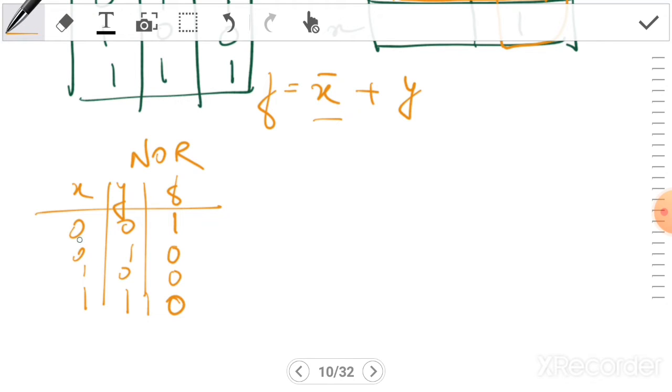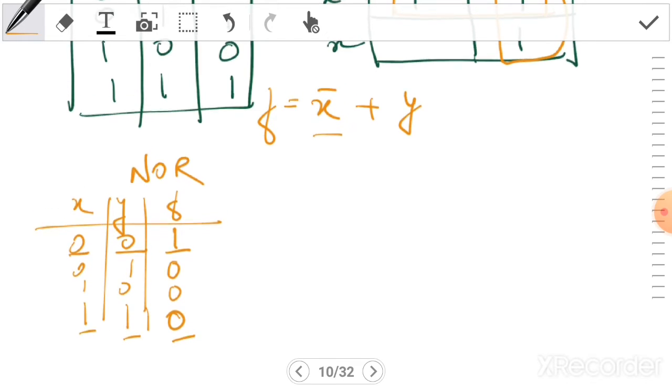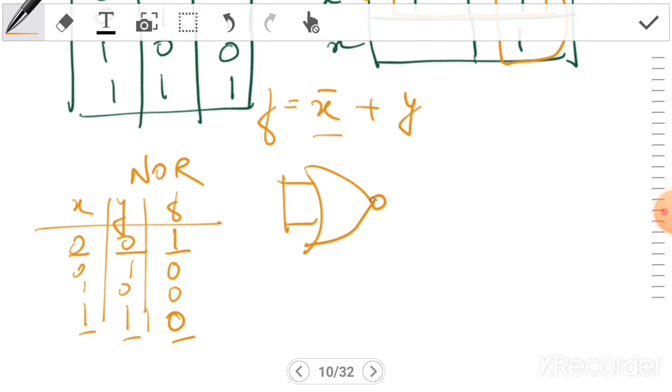If both inputs are same, the NOR gate will complement the input. So if x, y are same, output will be the complement. So yes, we'll get x complement from NOR gate. The output will be x complement.